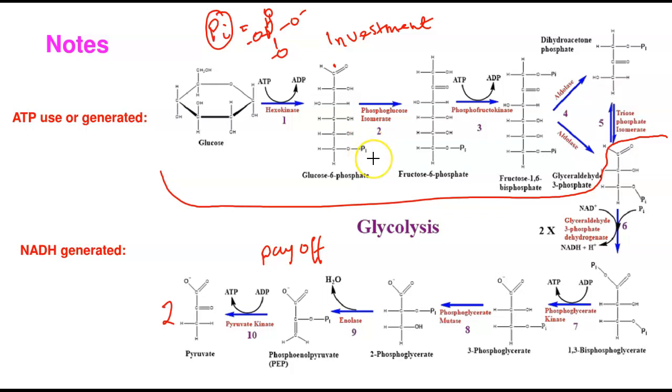Changes this glucose 6-phosphate to a fructose. Remember, glucose and fructose are isomers of each other. Glucose is an aldehyde, whereas fructose is a ketone. That's the difference. So what it does is move this carbonyl carbon from carbon number 1 to carbon number 2. That's exactly what has happened here. And the enzyme that does this is the what?